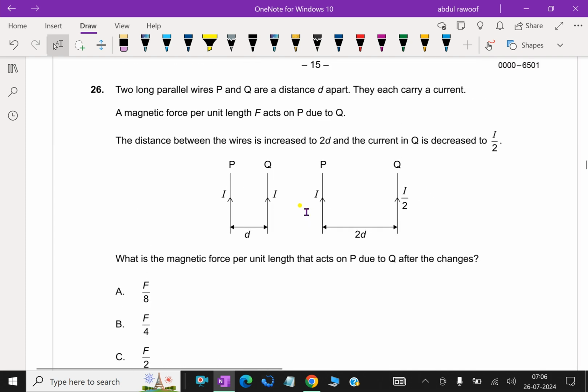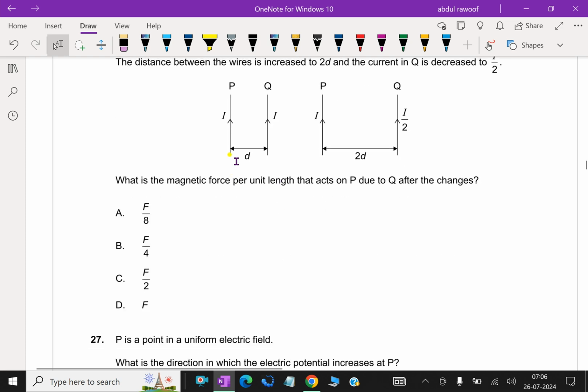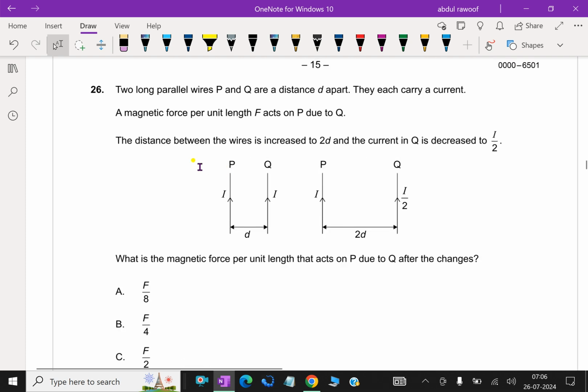Here, the distance is doubled, which means the force is reduced 4 times because of the inverse law. The current in the two wires is I and I by 2.